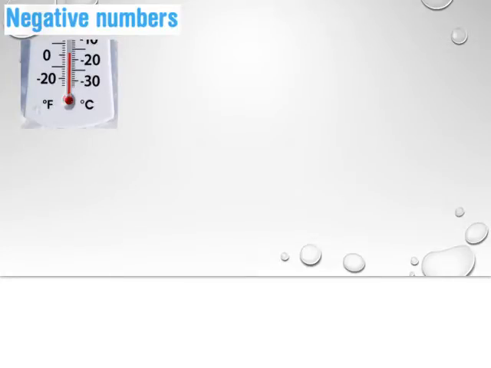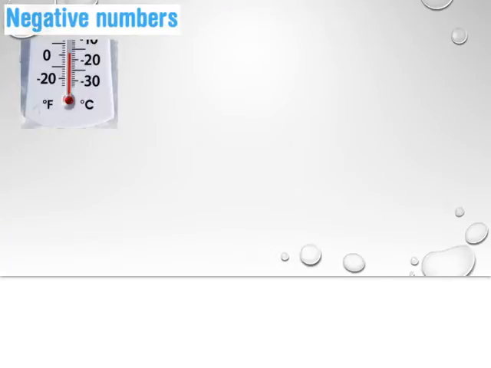Negative numbers are used, and I often use the example of temperature. In Australia, we don't have a big issue because we don't really go into the negatives where we live, but certainly in some areas in Australia, we look at negative numbers. The first example we're going to look at is temperature.